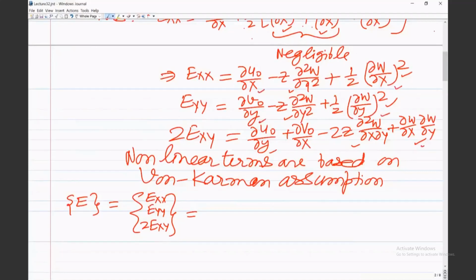So that I'm putting as a membrane strain, and the ones which are giving the strain variation through the thickness, I'm putting as bending strains. So you can write it as 1 and minus z, and then the strains I'm grouping into two parts, membrane strain and bending strain, epsilon m and epsilon b.